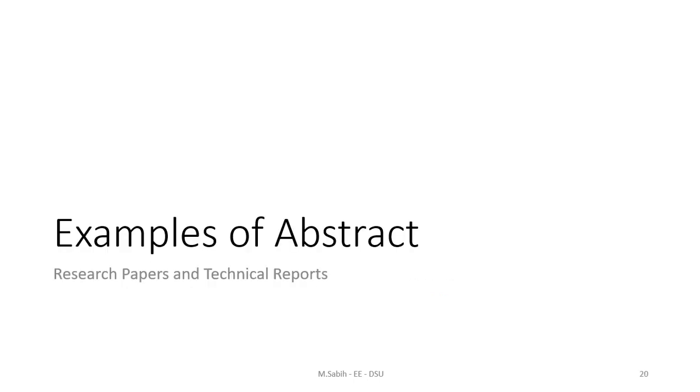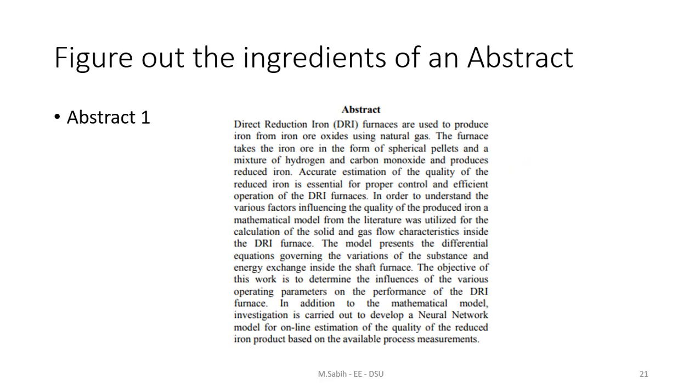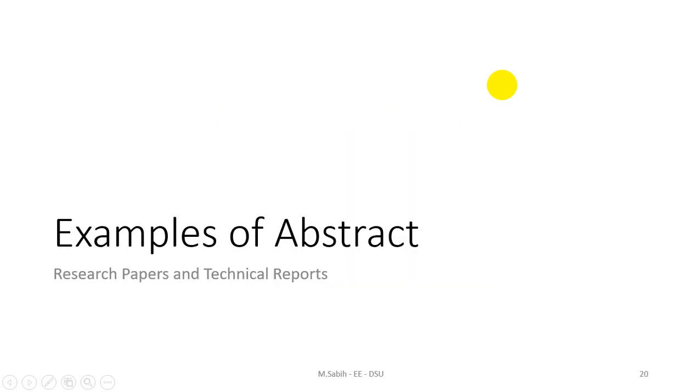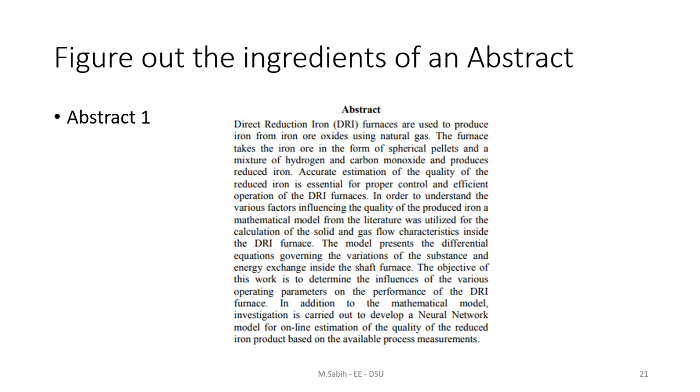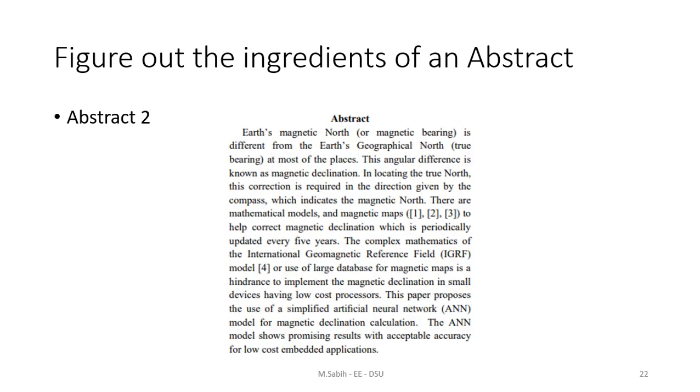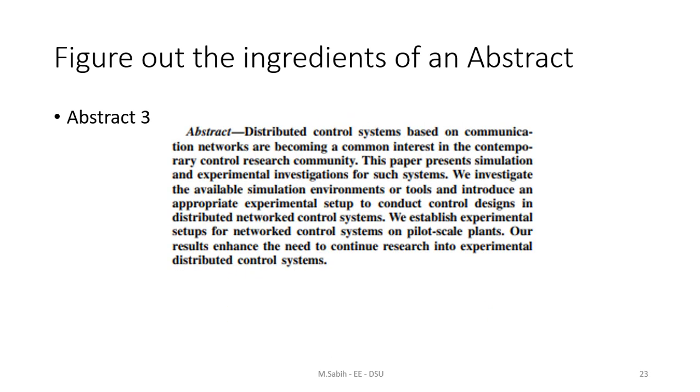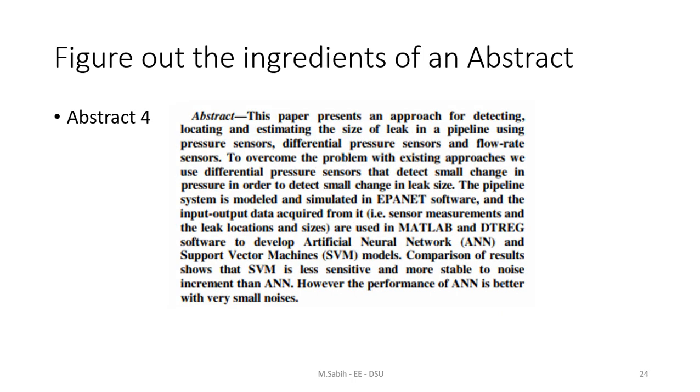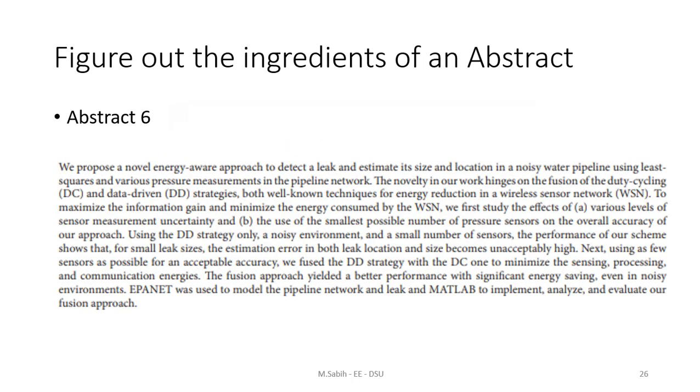Now we are going through some examples of the abstract. This is one abstract, and this is your task, that you have to figure out the ingredients of an abstract, just like we did here. You have to find out where is the motivation, the statement, approach, methodology, results, and try to read it. This is abstract 1, another abstract 2, 3, 4, 5, 6, and 7.